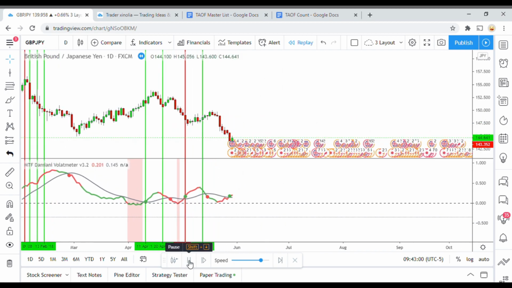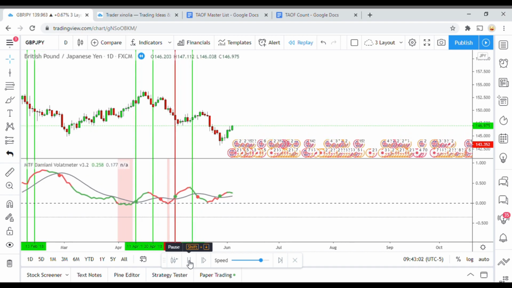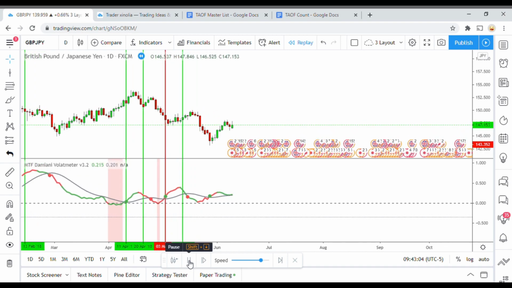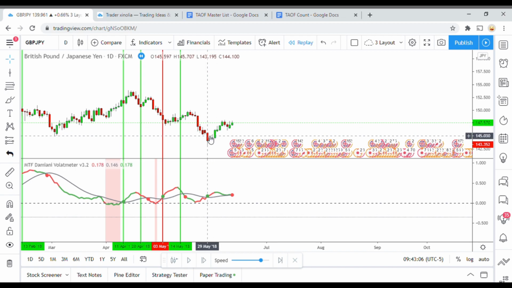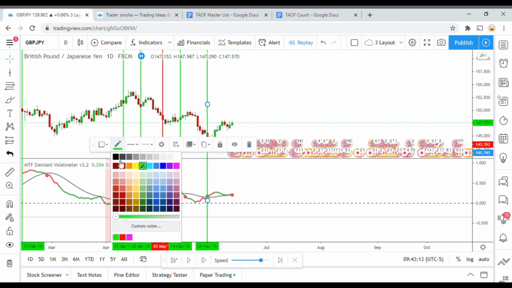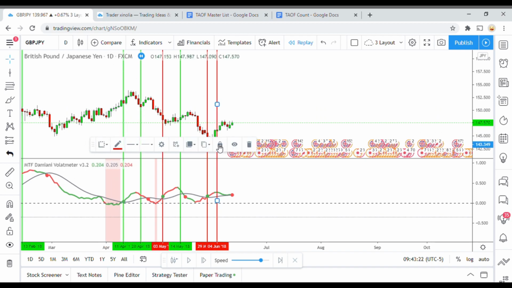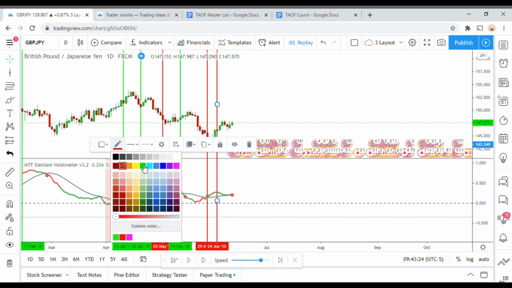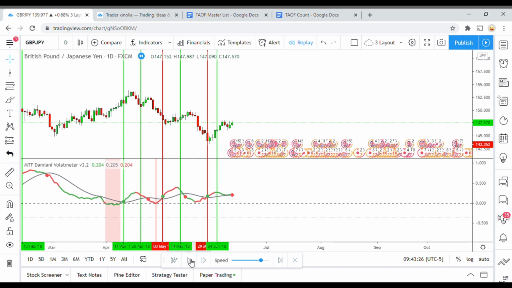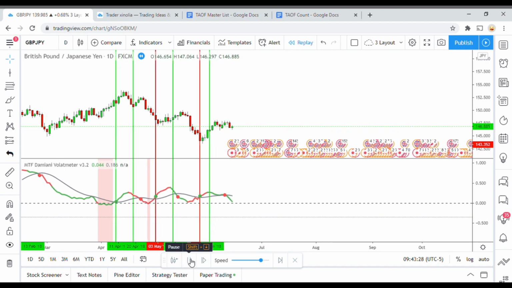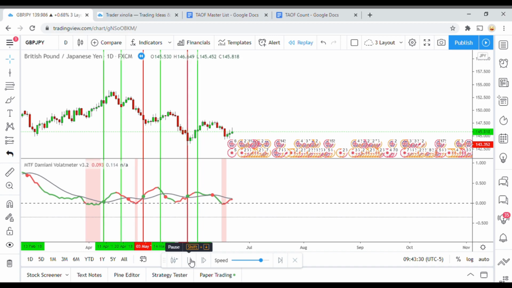All right, let's continue on here. There is a break again, and this one is another short. And again, it is slightly off in its timing. Then it gets us to a win on the other side.